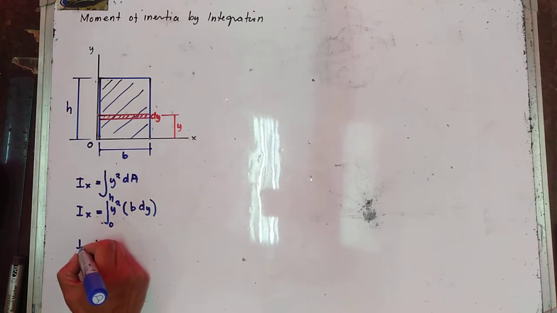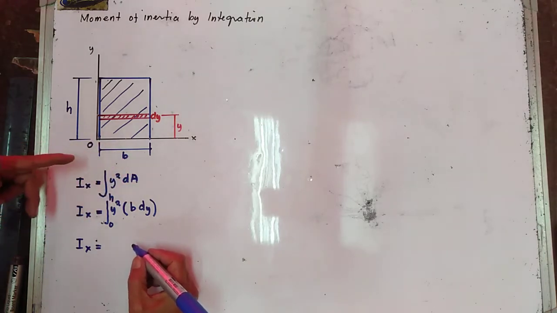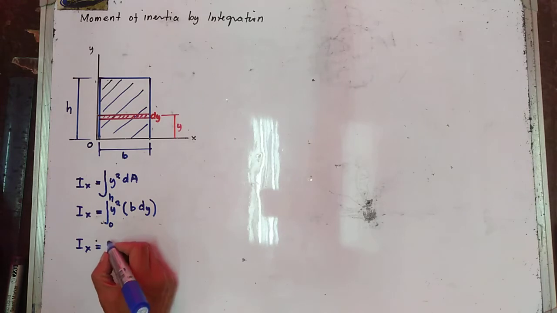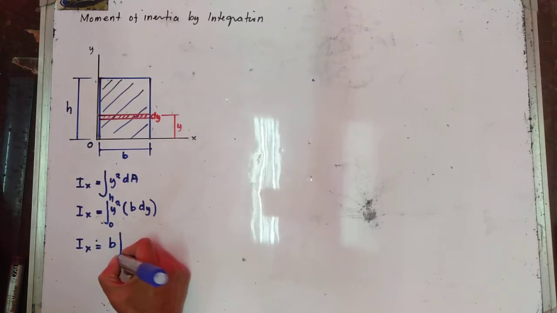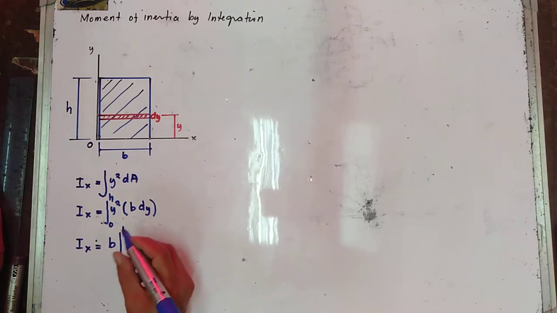Or your Ix is now equal to, let's bring b outside the integral sign. So this is b times the integral from 0 to h of y squared dy.